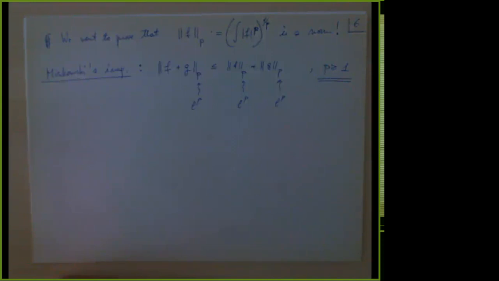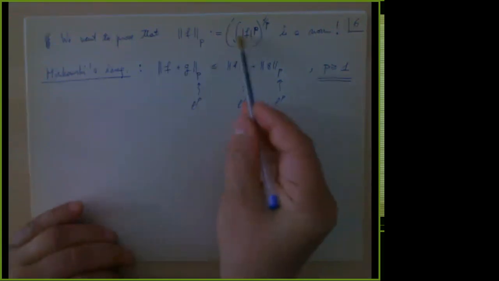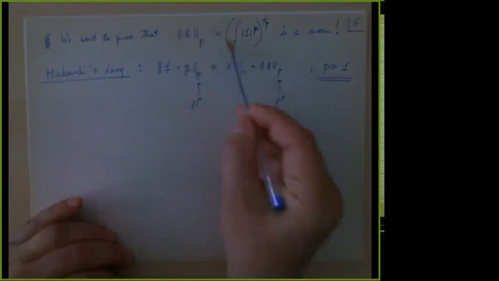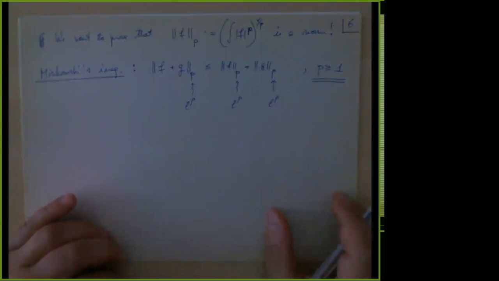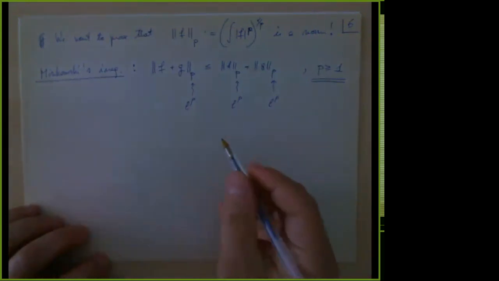In other words, it doesn't matter whether we integrate or we sum, because both integration and summation are examples of those operations, and we will get in one shot both the inequality for the norm defined on integrals, as well as for series or sequences.